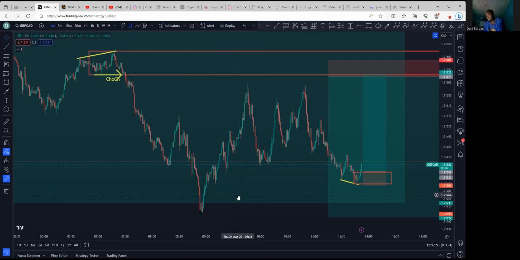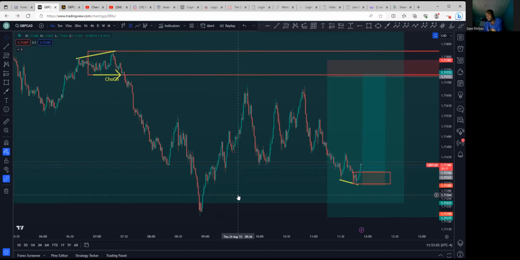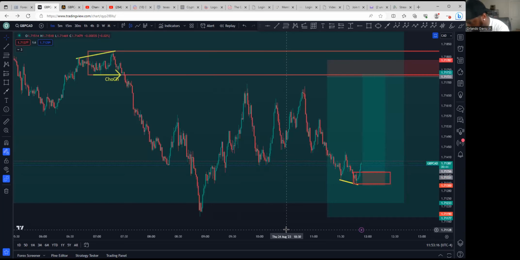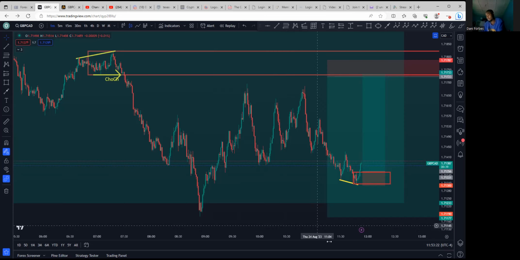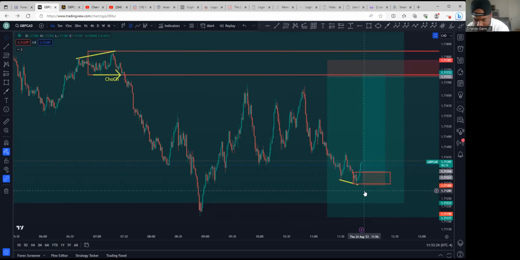GBPCAD. Five minutes. 171.356. Stop loss from the low, low at 171.300.